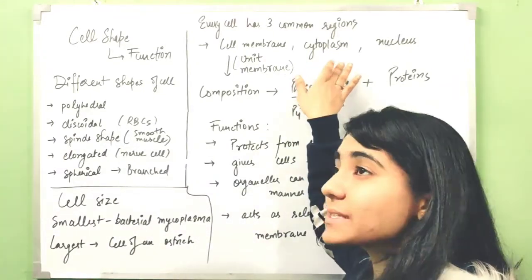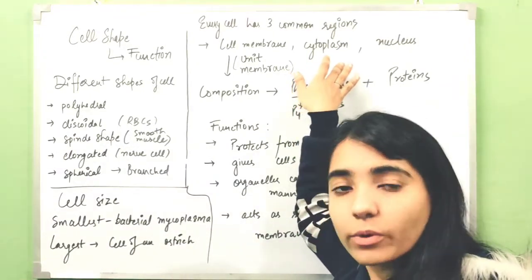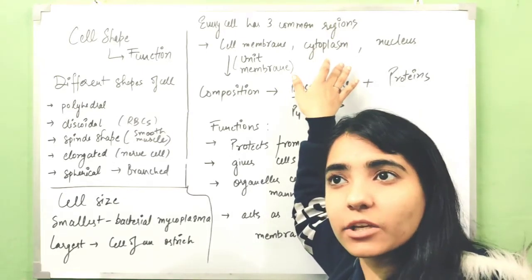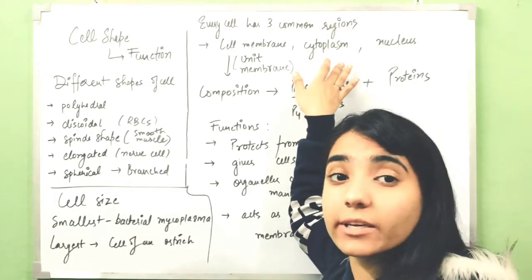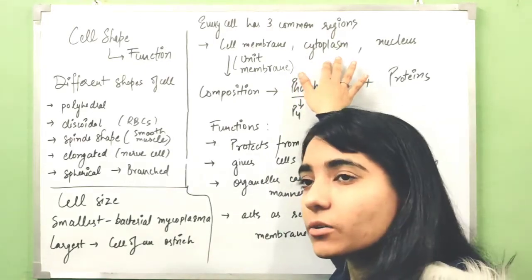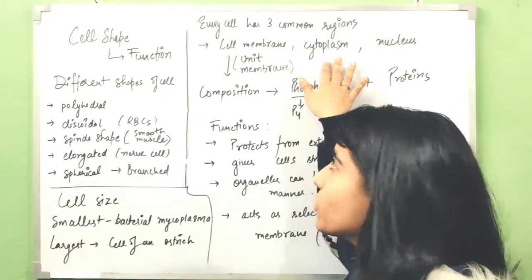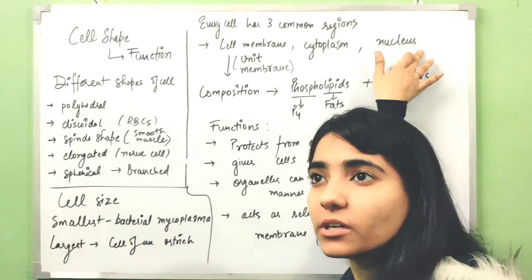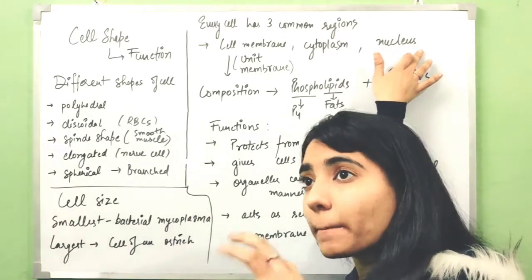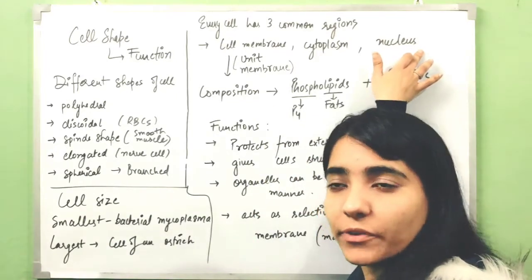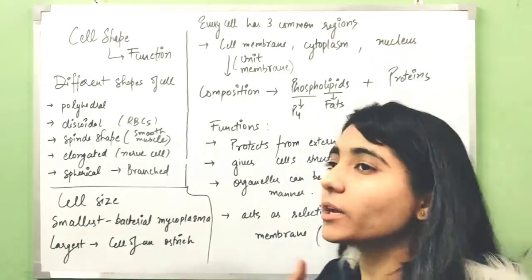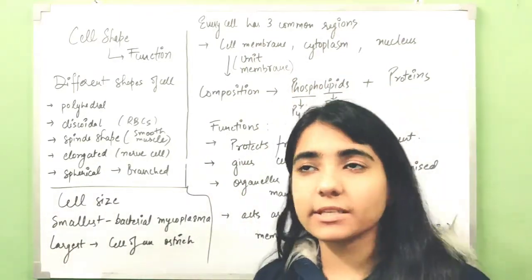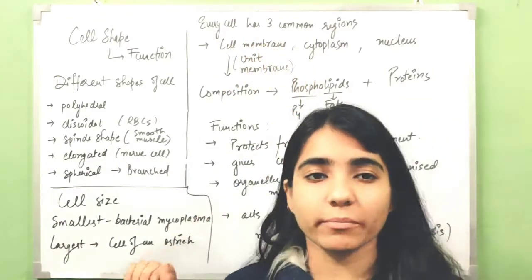I also told you about cytoplasm, which is the liquid inside the cell membrane, in which all the cell organelles like nucleus, mitochondria, Golgi apparatus are settled. And the third one is the nucleus, which I told you is the brain of the cell, which mainly controls the functions of the cell and has the genetic information. One by one we'll learn about all these three. For now, in this class, we'll start with the cell membrane.